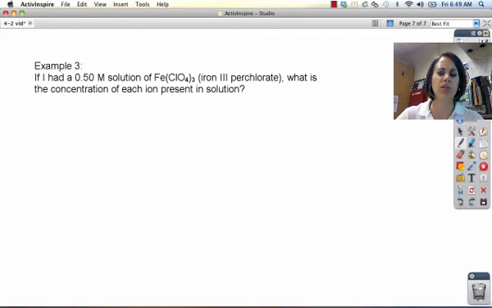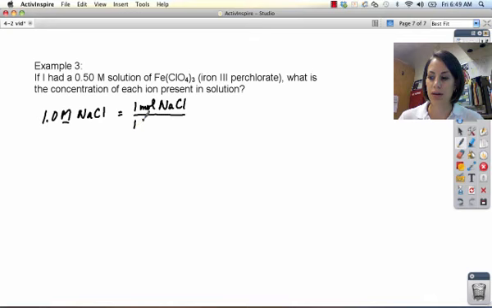So for example, we'll just do this one on the side. When a solution is 1 molar NaCl, that means that we have dissolved 1 mole of solid NaCl in enough water to make 1 liter of solution. It does not mean that the solution contains 1 mole of NaCl units.